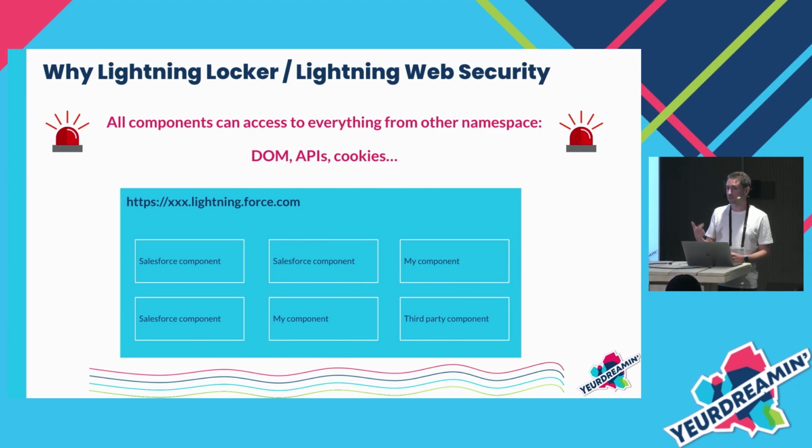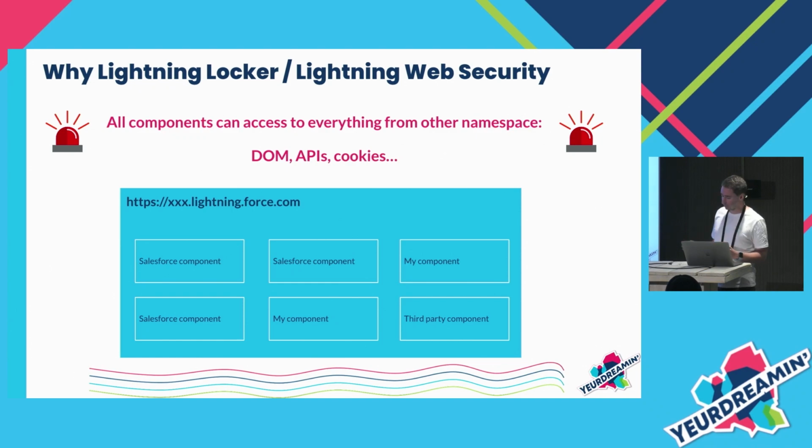So this would be true for a Salesforce component, your custom component, any third-party component like Conga from the AppExchange, or even one you download from a GitHub repo. The worst thing would be to install a package not from the AppExchange with components you don't really know, put them on the page, and maybe there will be some malicious code that will get cookies or stuff like that.